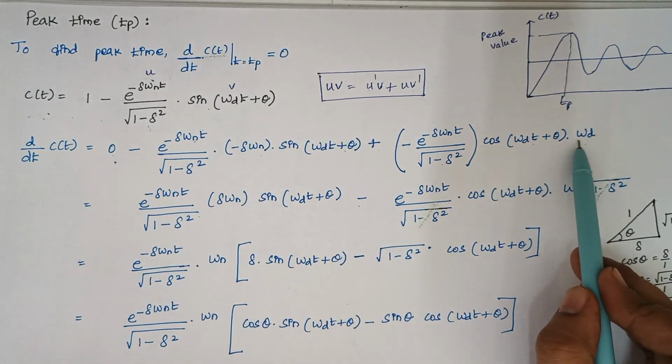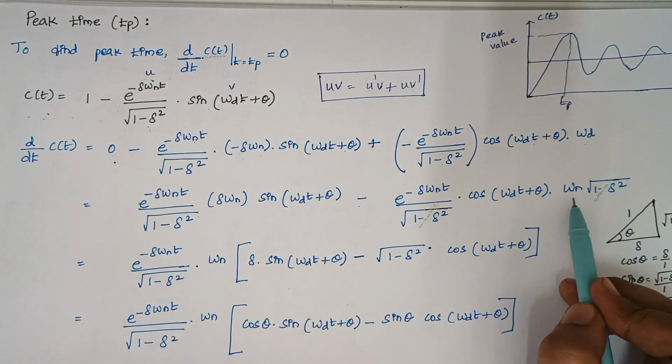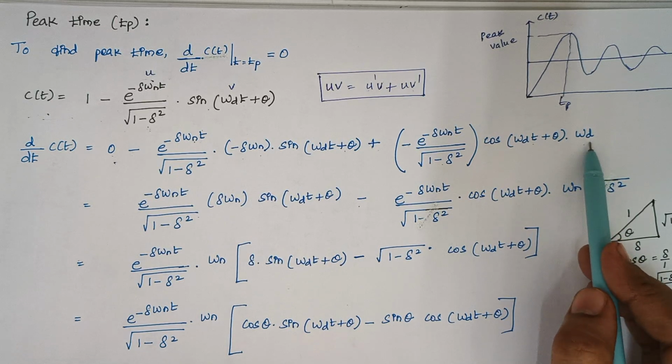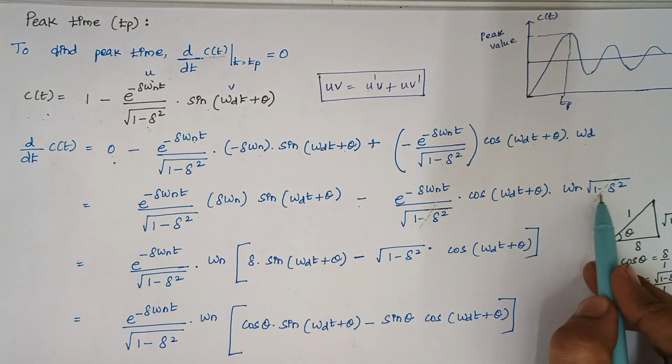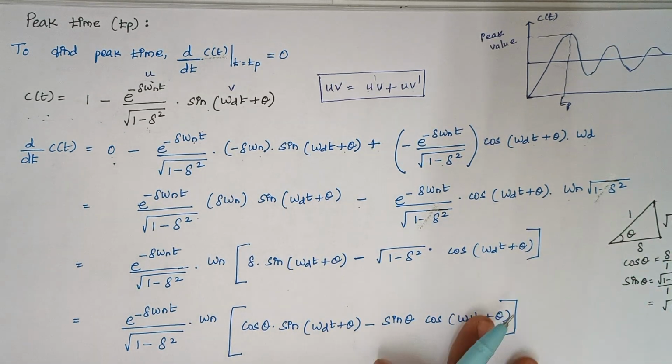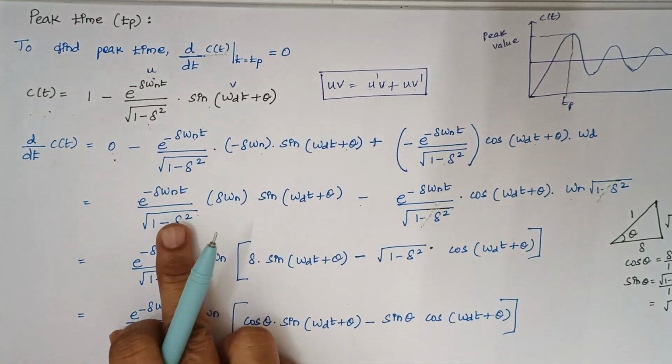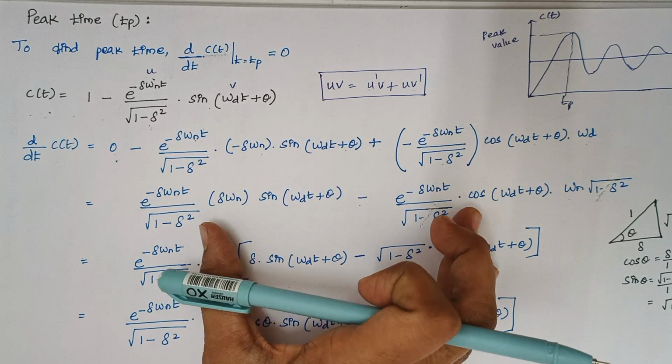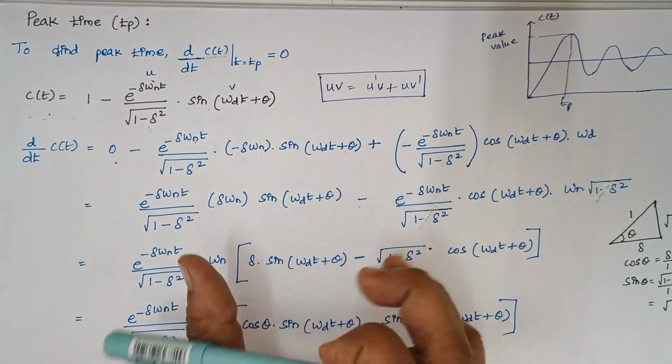Now we are replacing this omega d by omega n. Omega d is nothing but omega n into root of 1 minus zeta square. This is the basic formula we all know. Now when you compare these two terms, we have to take the common terms outside.